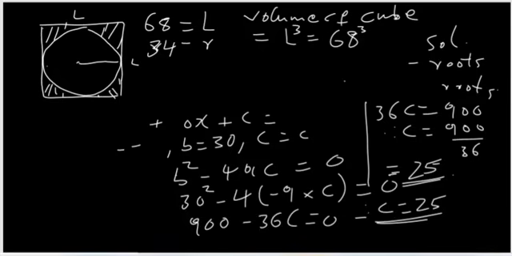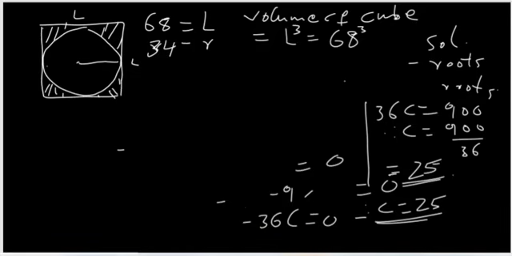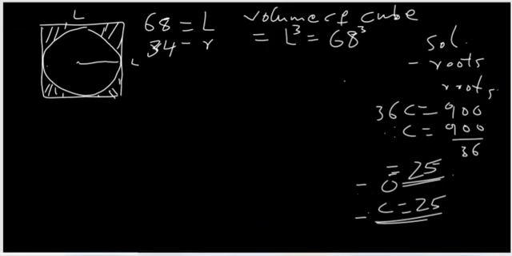Then what is the volume of a sphere? How do you get the volume of a sphere? The volume of a sphere is given by 4 over 3 pi r cubed. That's the volume of a sphere.